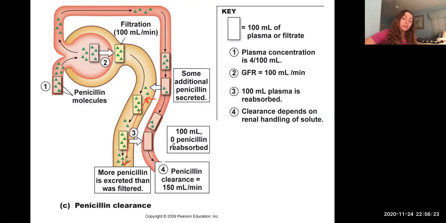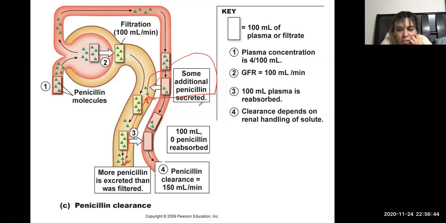If you see right next to it, out of the 100 milliliters, 0 penicillin is reabsorbed, so there's no reabsorption happening. It's only being secreted from the blood into the nephron, so more of it is coming in from here, and nothing is being reabsorbed.